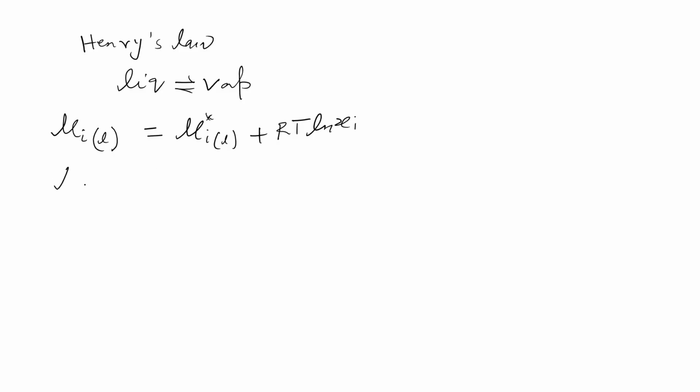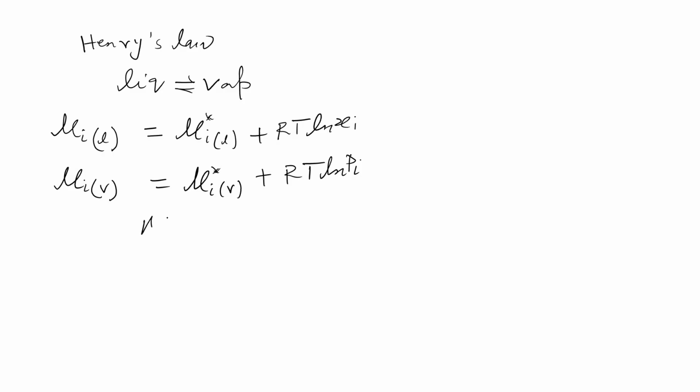And the chemical potential of the ith species in the vapor phase will be equal to mu I in the vapor phase under standard condition plus RT ln partial vapor pressure of the component.